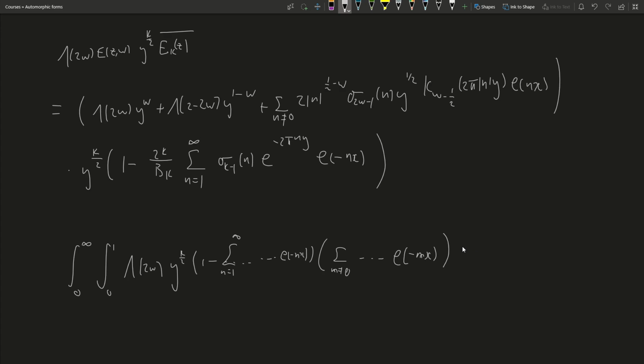And then we have y to the w, dx dy over y squared. And you can see that if we want this integral in dx to not vanish, then we're going to need m to be minus n. And m can't be 0. So this ends up not contributing in any way.